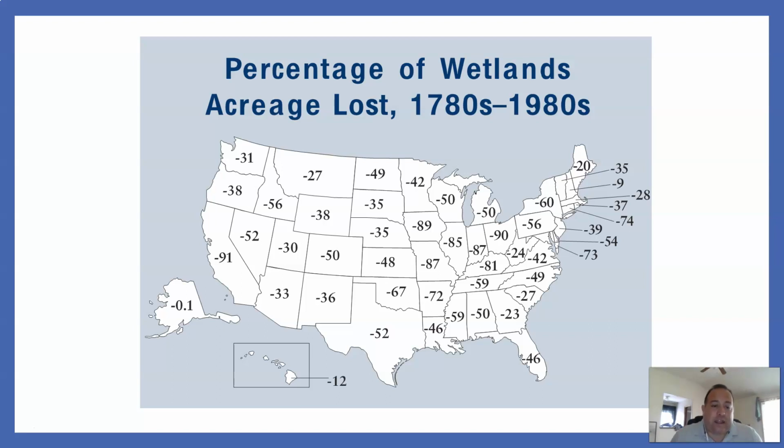Not many wetlands have been lost in Alaska because you don't have a lot of development. But you look at a place like California, or Iowa and Missouri, where a lot of your wetlands have disappeared. Ohio, Indiana, Illinois, really big loss of wetlands in these areas.